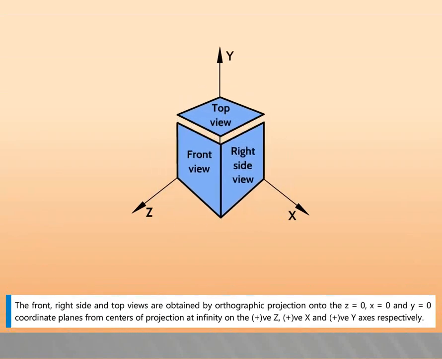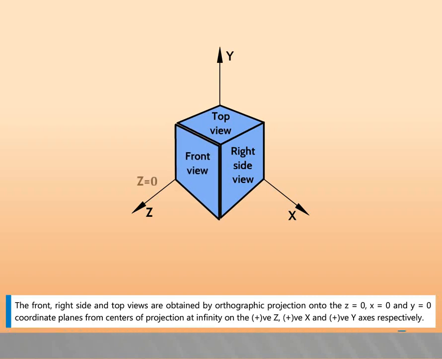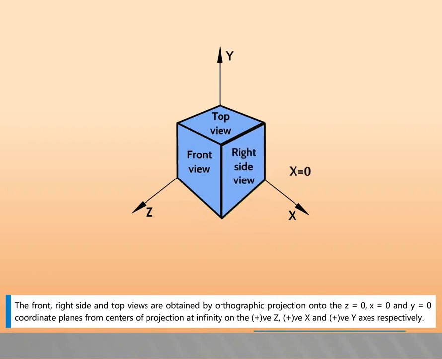The front, right side and top views are obtained by orthographic projection onto the z = 0, x = 0 and y = 0 coordinate planes from centers of projection at infinity on the positive z, positive x and positive y axis respectively.